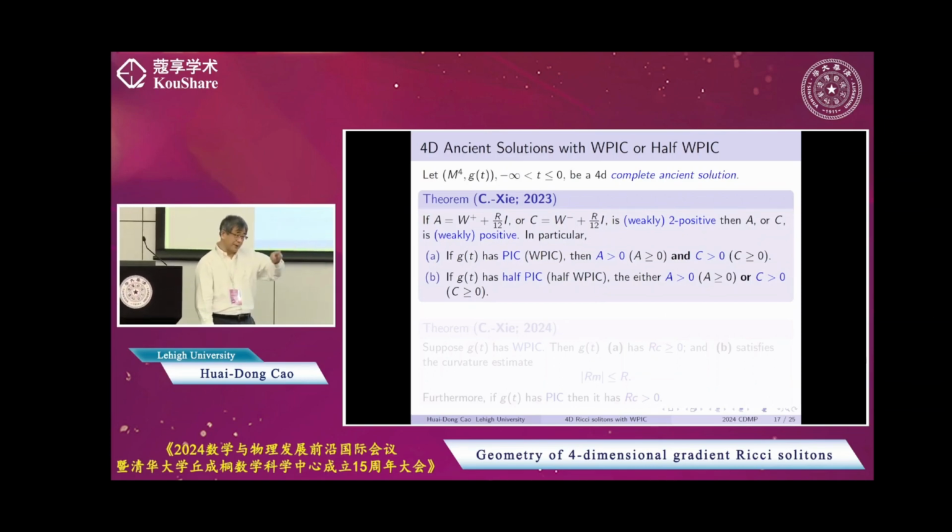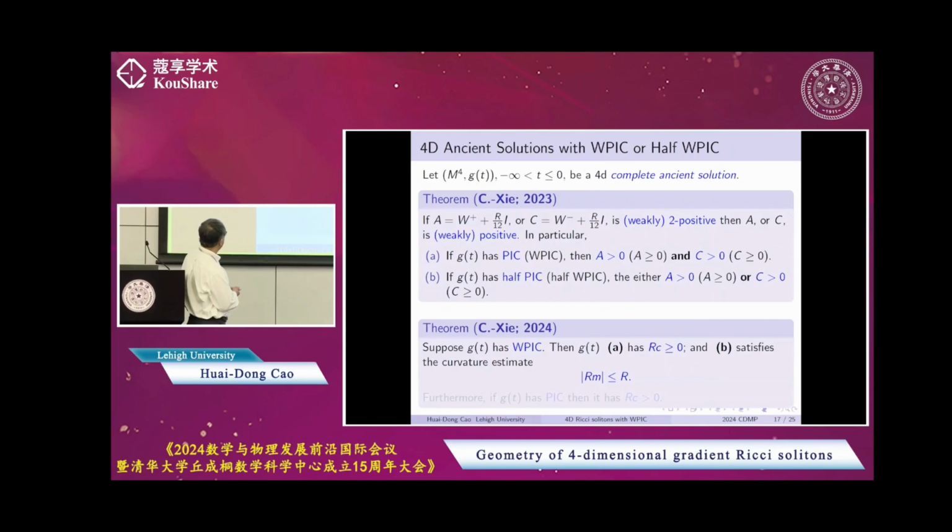And using that, that was a year ago, and this was just posted about a week ago on arXiv, we were able to show that at least for ancient solutions, the W-PIC condition, which on any manifold implies scalar curvature only, for ancient solutions actually implies positive Ricci. So we gain a bit more control.